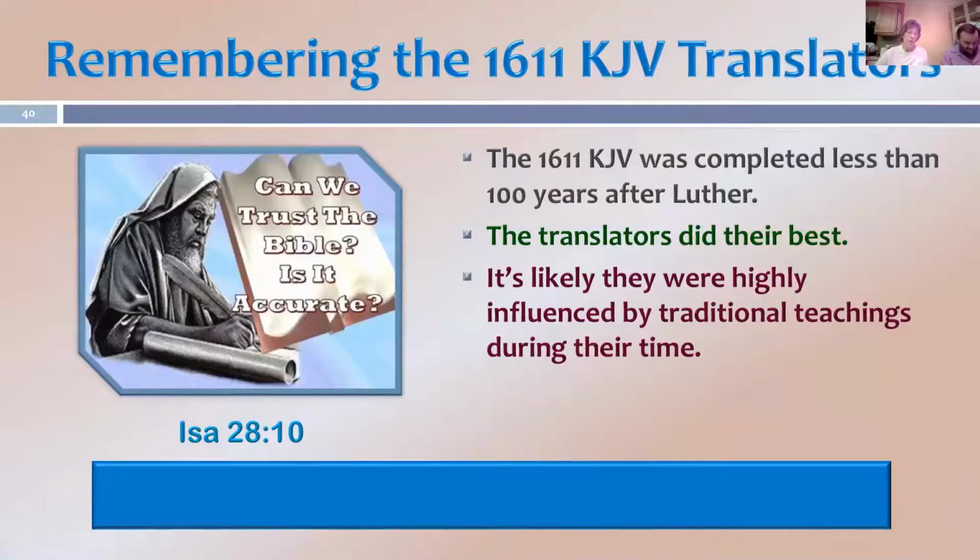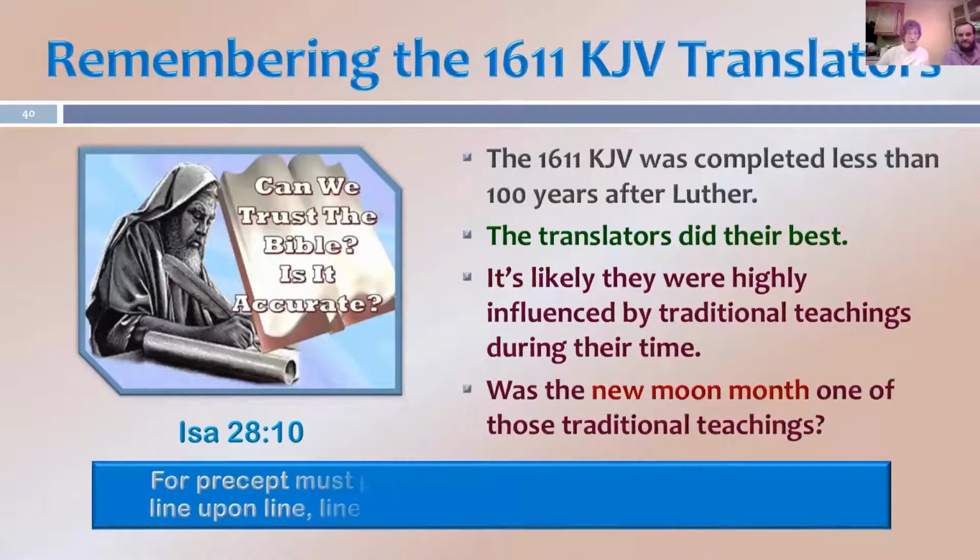And I do believe they really did their best. And it's highly likely that they were influenced by traditional teachings during their time. We're still very much steeped in Roman teachings, and you know Rome's going to distort the truth. And we also have to remember one thing, that Jewish tradition is very strong as well at this point in time. And that suits Rome just fine.